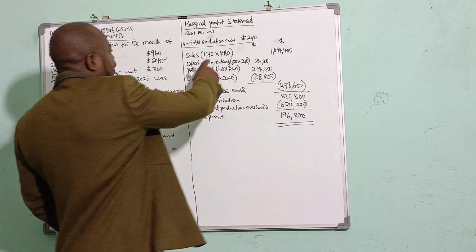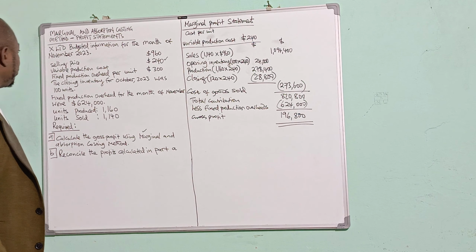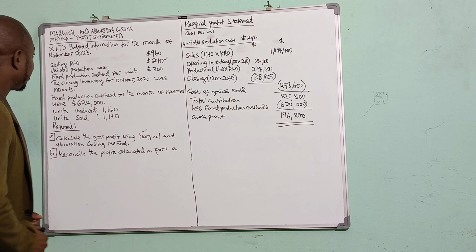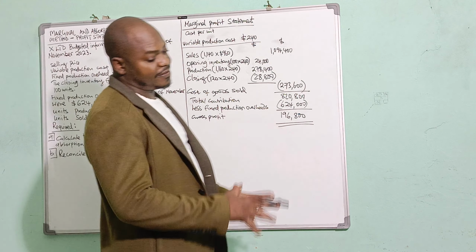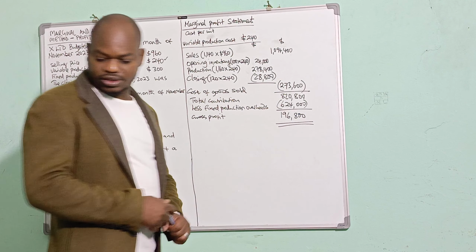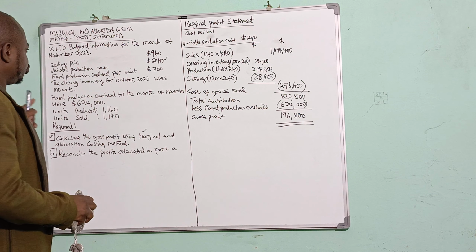We value the cost per unit at variable cost only, variable production cost only. Let's see how we calculate the profit using the absorption statement, where we absorb the fixed production overhead into a unit product cost. Okay, so now what am I going to do?